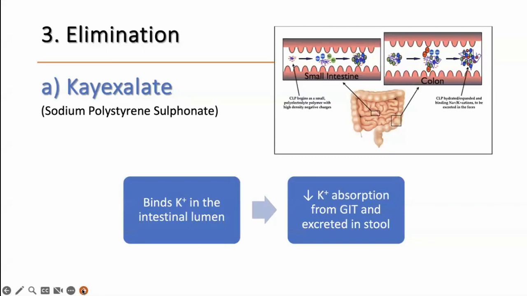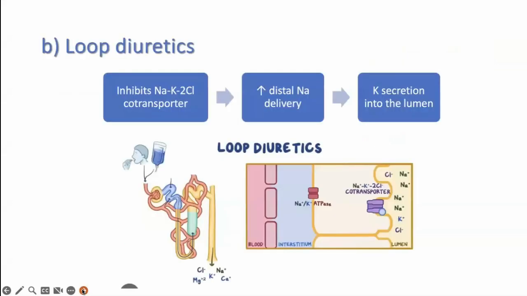Again, important to remember, this is not something you use in isolation. You shouldn't be using any of these in isolation. Okay, next is your loop diuretics. The way your loop diuretics work is they inhibit the sodium transporter and increase distal sodium delivery that results in potassium secretion into the lumen.